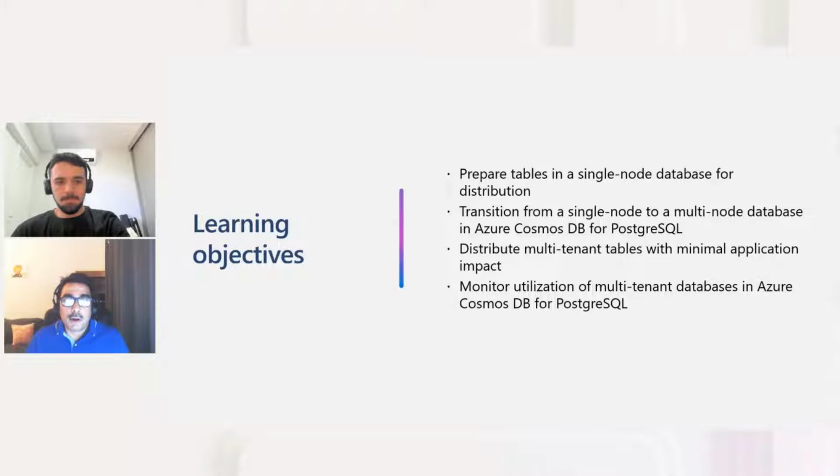Once we have distributed and have our tables spread across multiple nodes, how do we monitor the distribution and look into the utilization and ensure that the distribution is working fine over a period of time? Because things keep changing, right? The distribution we would have done is based on the current situation, but as and when the business advances, the situation changes, so you have to do continuous monitoring of that as well. So we're going to cover that as part of this session as well.